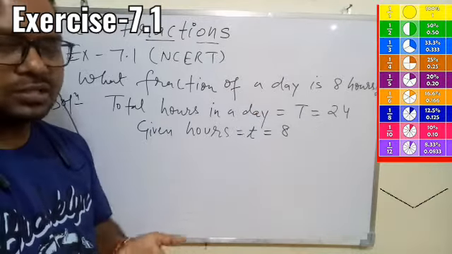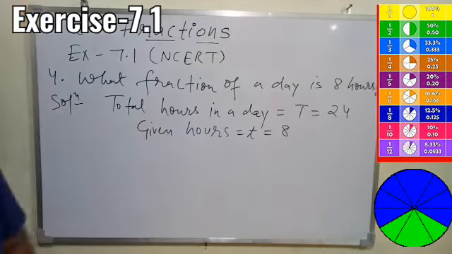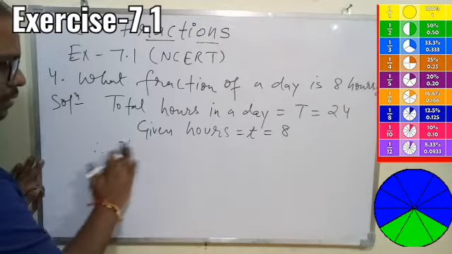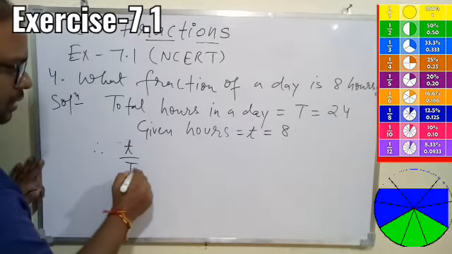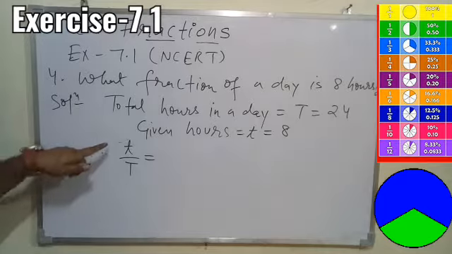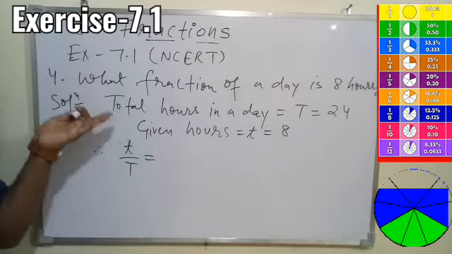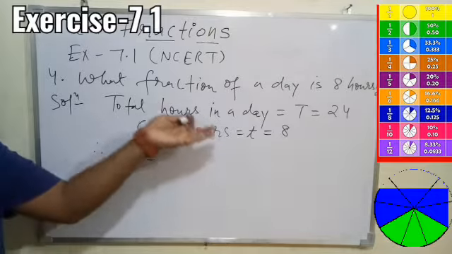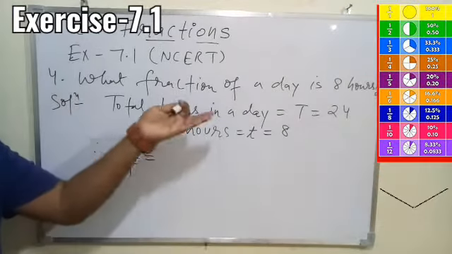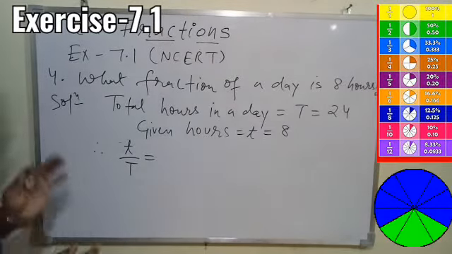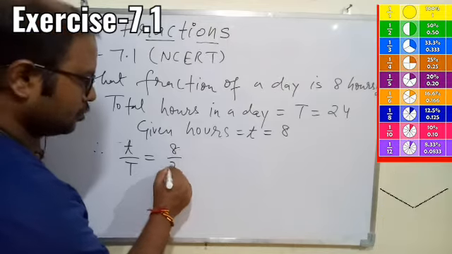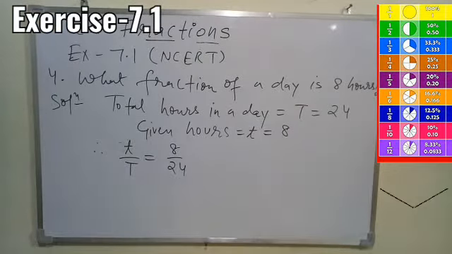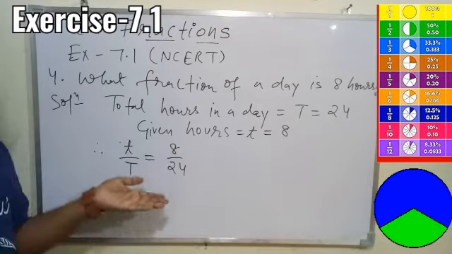So we can say t upon T will be nothing but what? We always take the part at the top and the total parts at the bottom. The total parts we have is 24 hours. Out of 24, 8 hours is the part. So this is nothing but 8 upon 24, that is 8 out of 24.